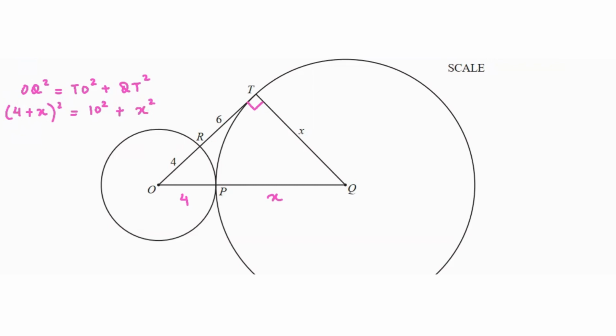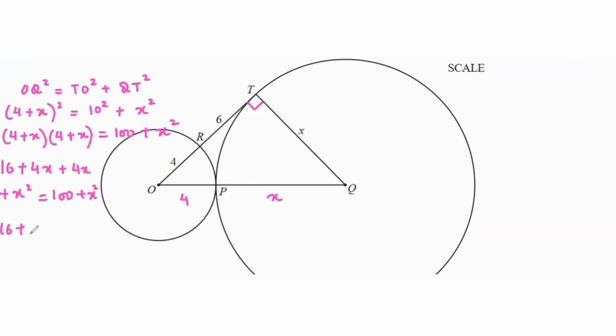Expand 4 plus x whole square. That's going to be 4 plus x times 4 plus x equals 100 plus x square. That's 16 plus 4x plus 4x plus x square equals 100 plus x square.